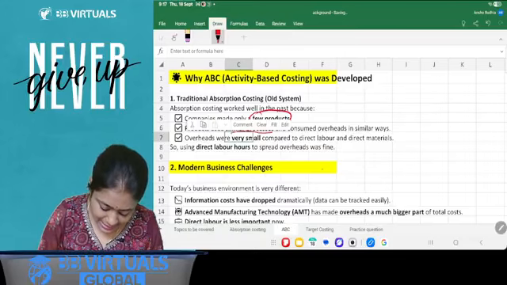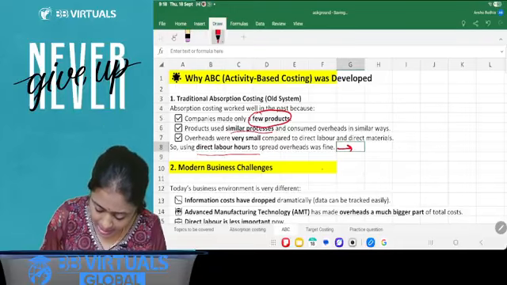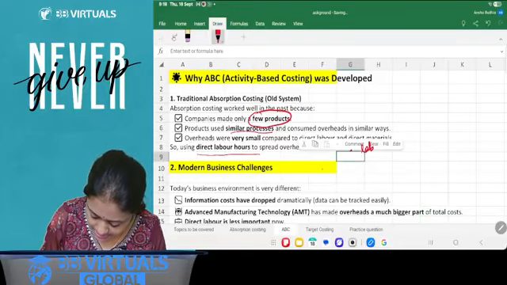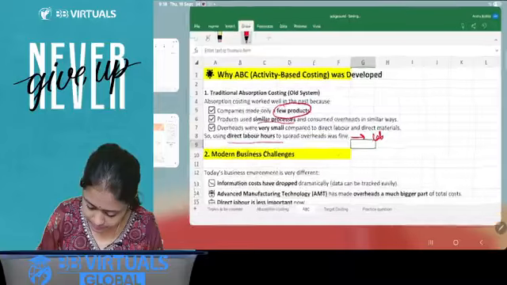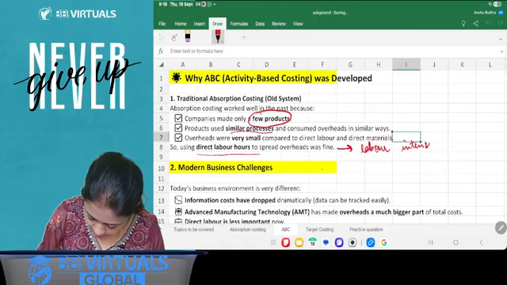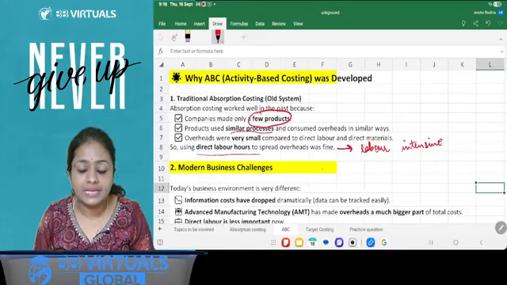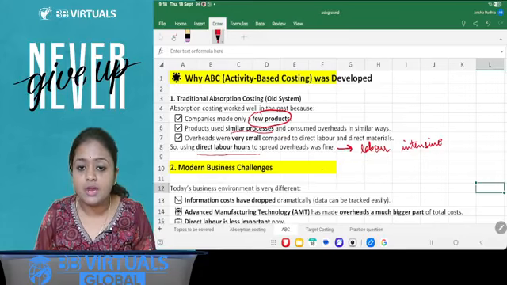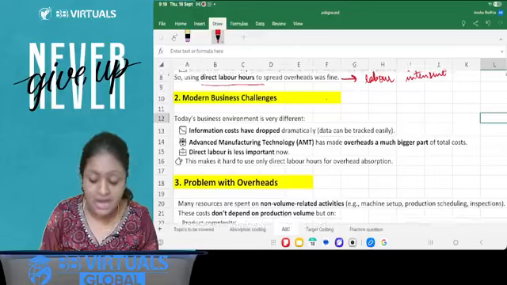So using direct labor hours to spread overhead was fine because at that time the entities were majorly labor intensive. So allocating the overheads based on direct labor hours was perfectly fine.